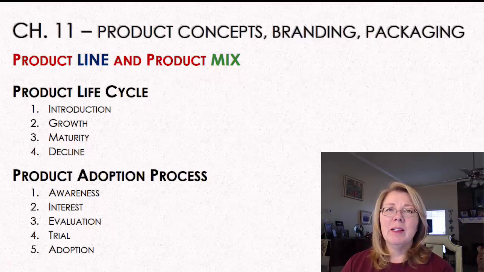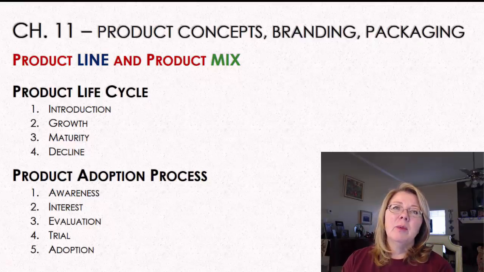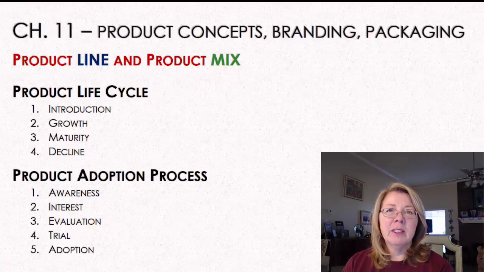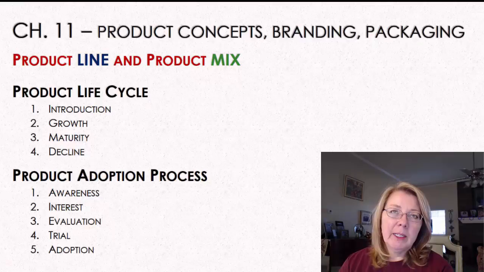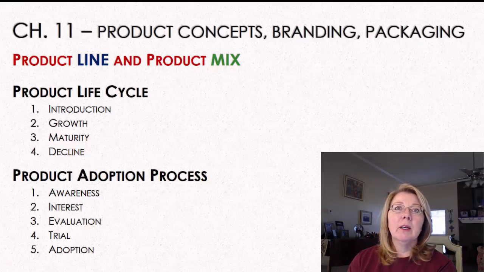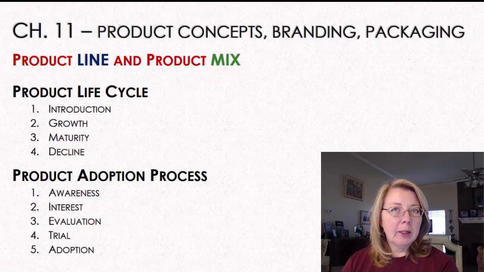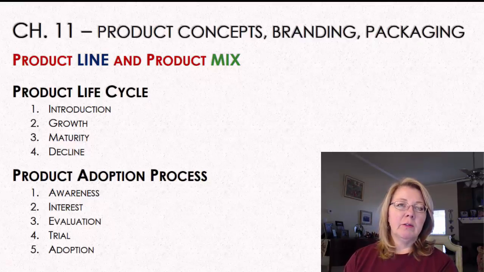And so the point is that the marketing efforts that will happen at each of those phases are strategically different. In the introduction phase, you're losing money probably as a company, but you're spending a lot of money in order to get people to be aware of your product, to try your product. And so that's a focus in the introduction phase.